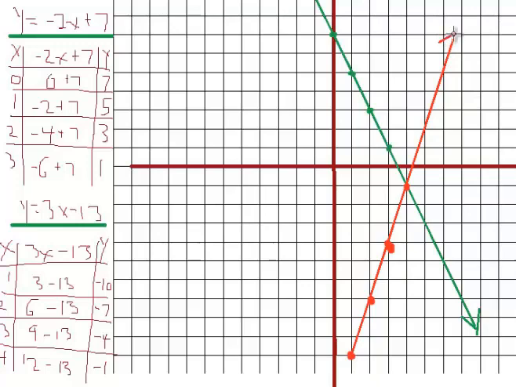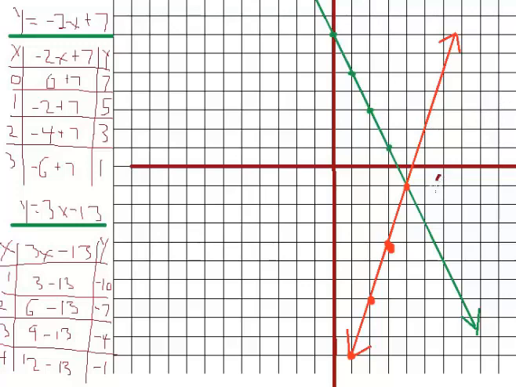Again, let's make the arrow here, arrow here, arrow here, and arrow here. Now where do they cross? They cross at 4 and negative 1. So the point at which they cross, let me write this down over here in a different color, because that's the solution.